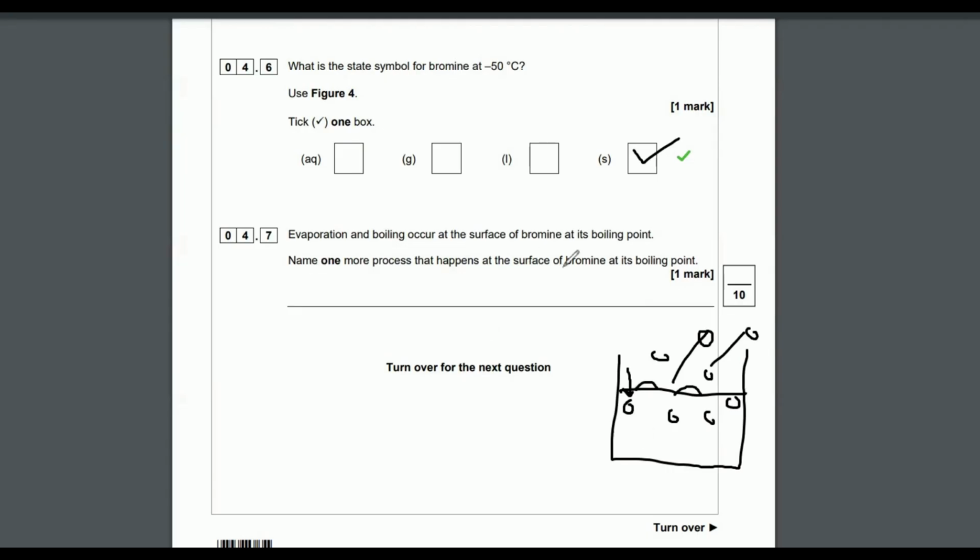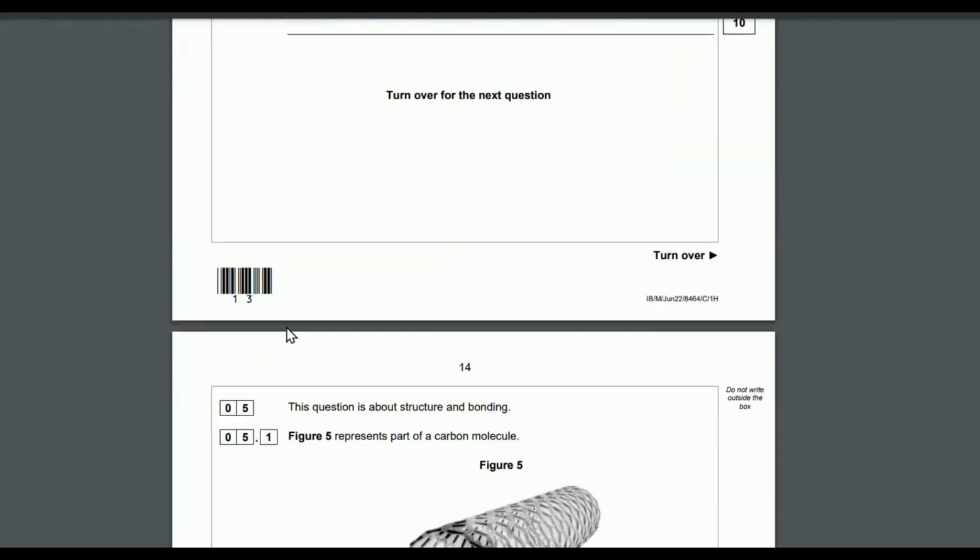So at the surface of bromine, we have evaporation. We're also going to have condensation. So we've got some of the gas particles turning back into liquid at its boiling point. Next.